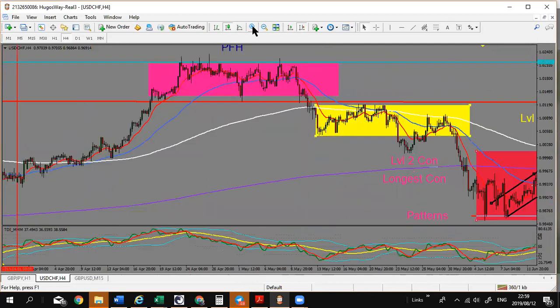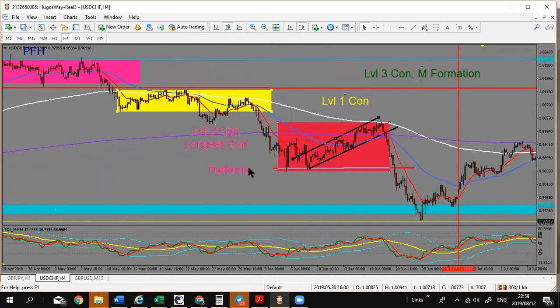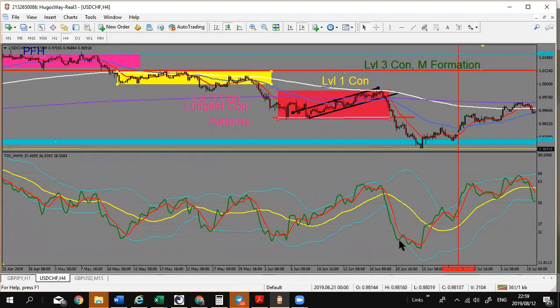But look how they basically just rejected the zone, gave you railroad track information, and you can also see that in the TDI there was some confluence. It showed you that something is about to happen with the shark fin.